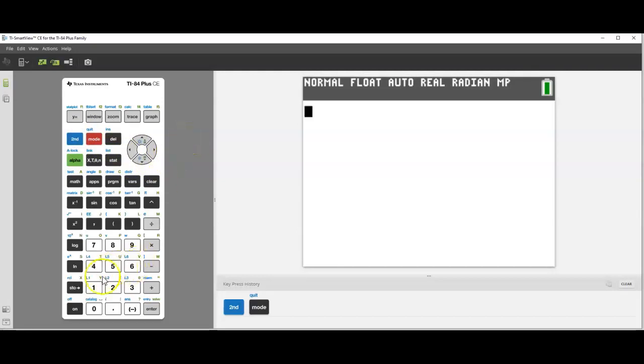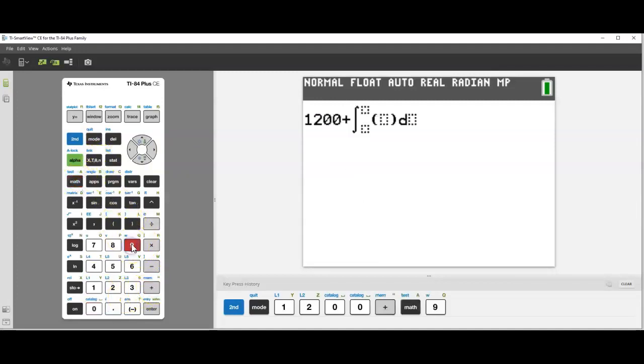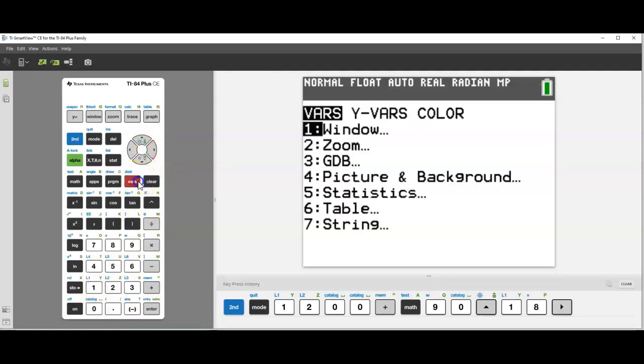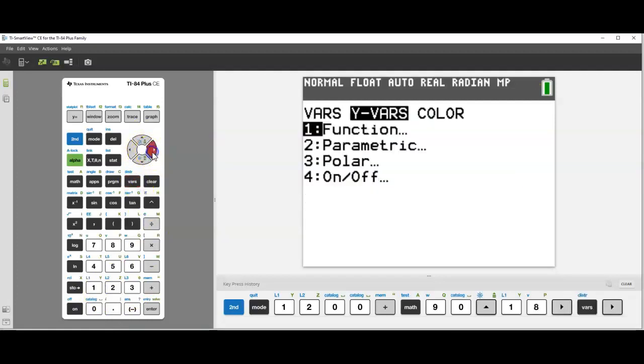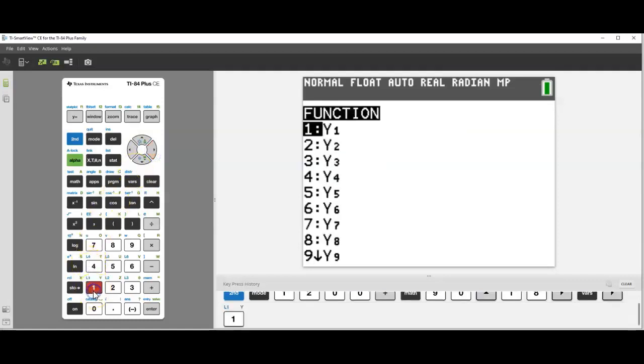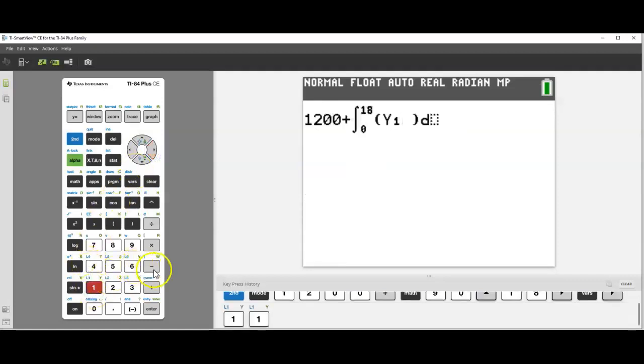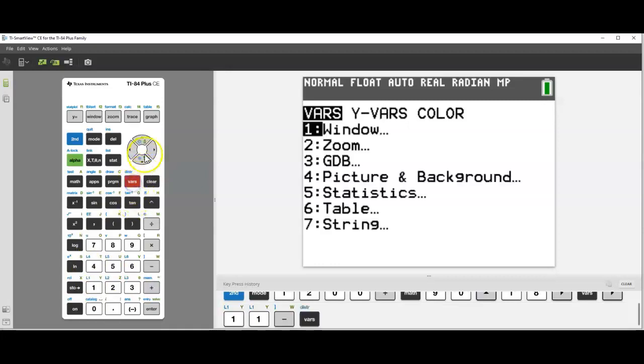Where we're going to enter that equation we just had. So that was 1200 plus the integral, which is math 9. And we're going from 0, in this case we're going up to 18. And we do our rate in W, which I stored under Y1. So I'm going to go to vars, Y vars 1, 1, minus my rate out function, which I stored under Y2.